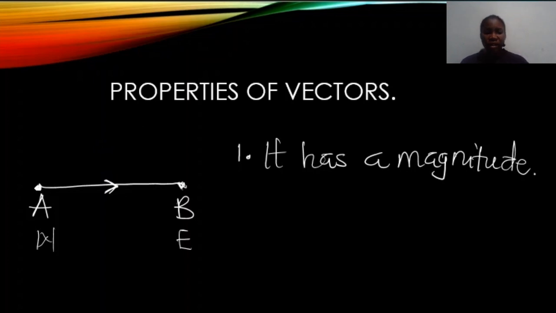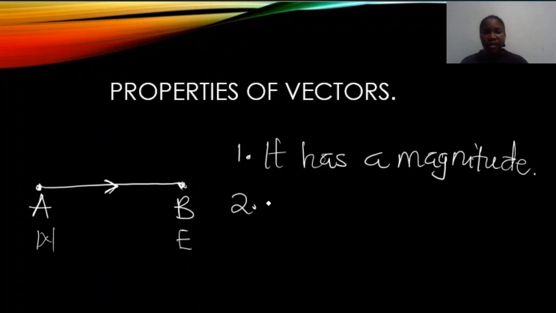So the total distance covered from A to B is the magnitude of the vector quantity. From the graphical point of view, the total length of the vector is its magnitude.